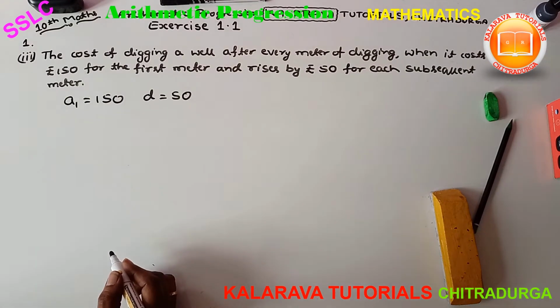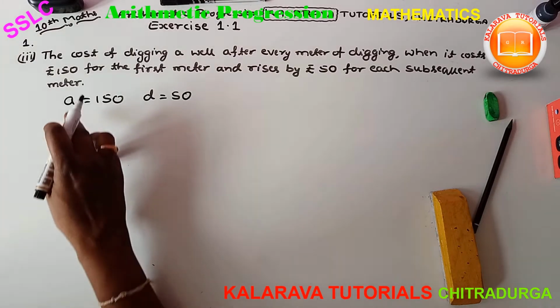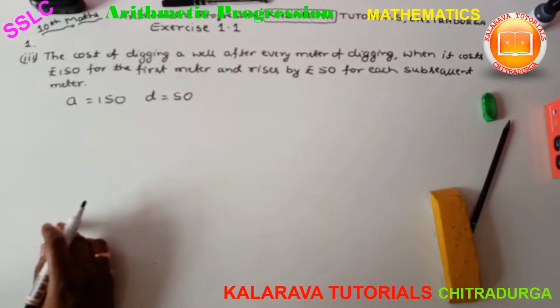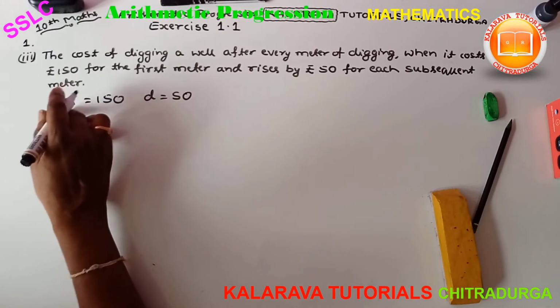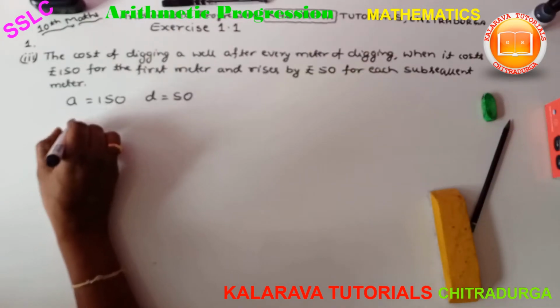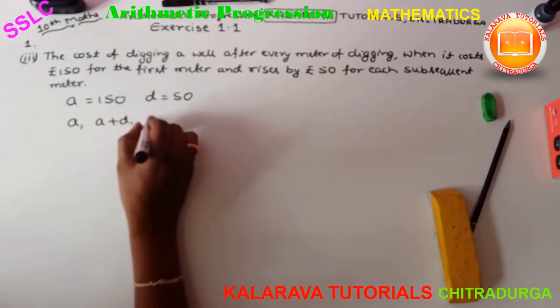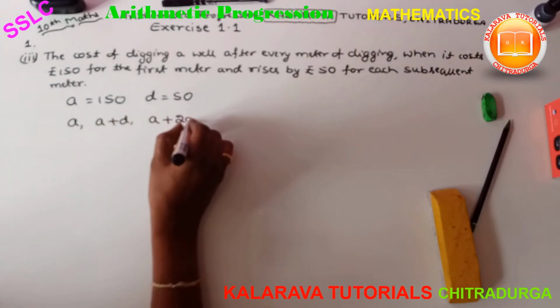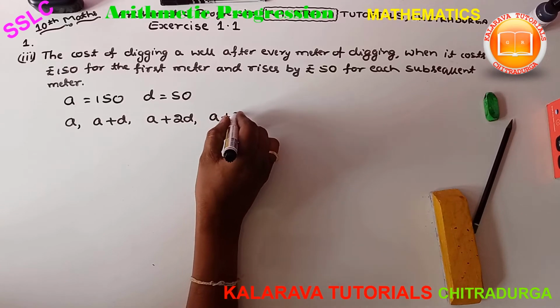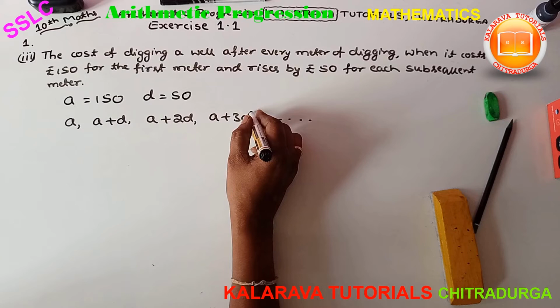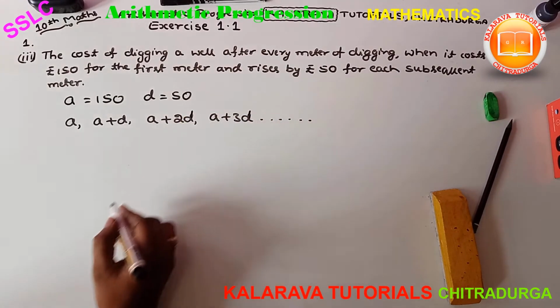Now the general form of the arithmetic progression is: the first term is A, the second term is A plus D, the third term is A plus 2D, and the fourth term is A plus 3D, and so on. Now we have to substitute the values here.